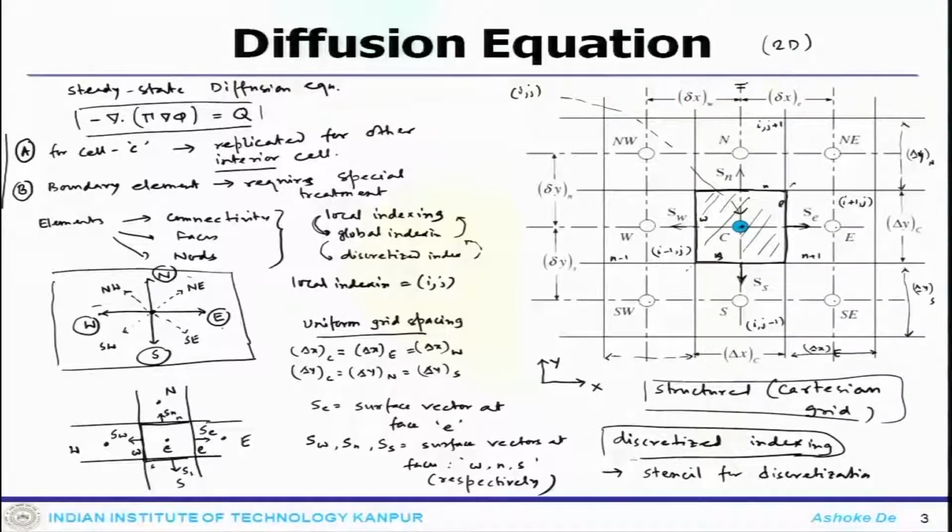Now in the y direction, the distance between centroid C and S is delta y s, and north and C is delta y n. They are again going to be equal, because the whole discretization depicted here is on a uniform system. That takes care of all the distances and the notations. We will stop here and thank you.